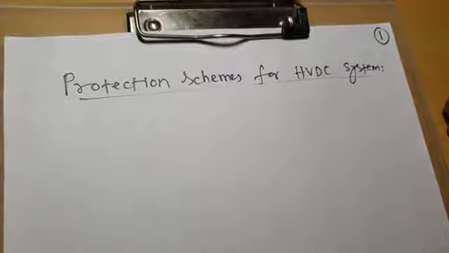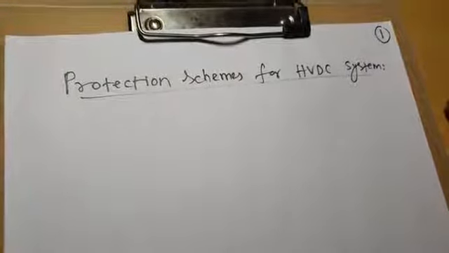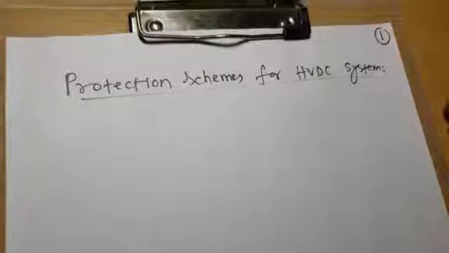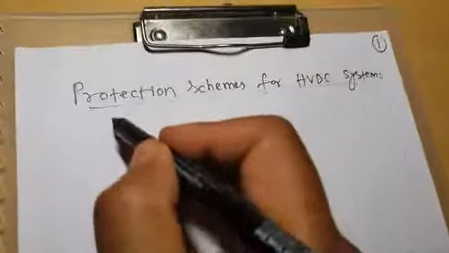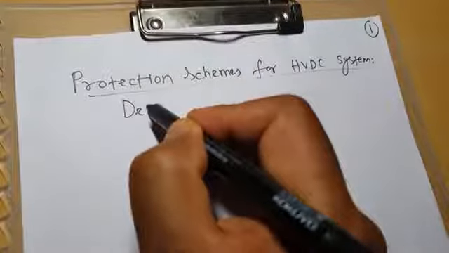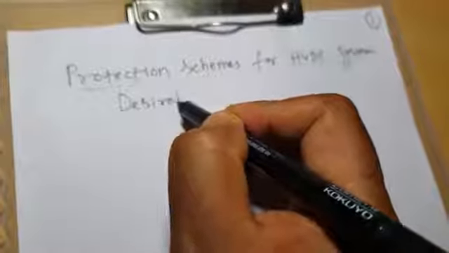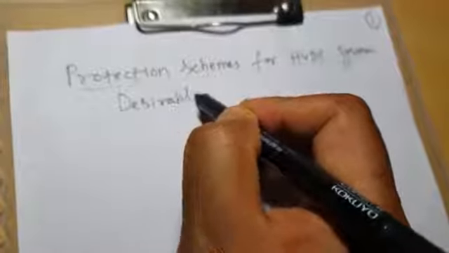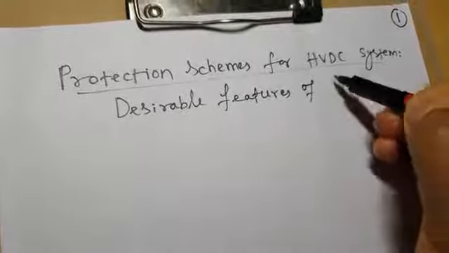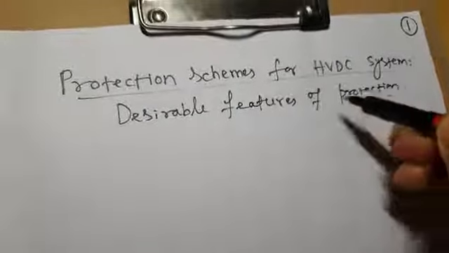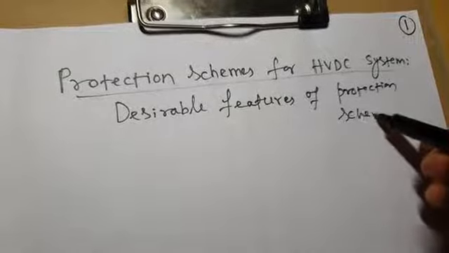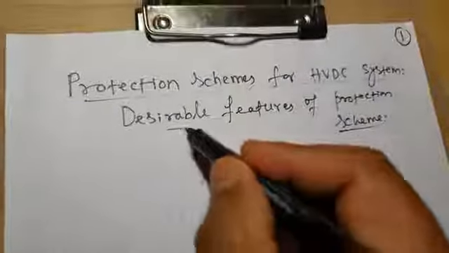Before we discuss protection schemes of HVDC systems, we must be aware of what are the desirable features of a protection scheme. I will write here: desirable features of protection scheme. Any protection scheme which we are using for an HVDC system should fulfill certain desirable features.